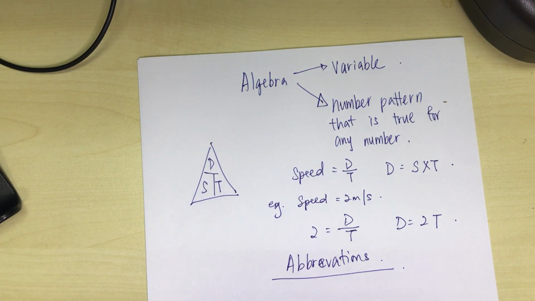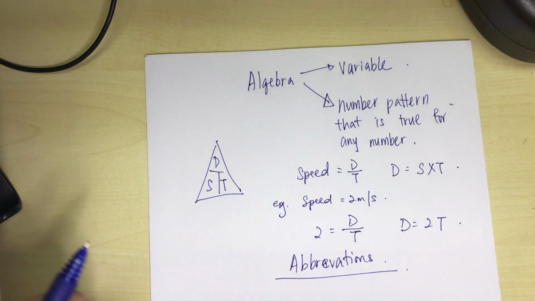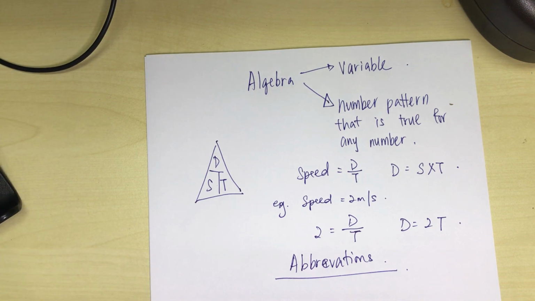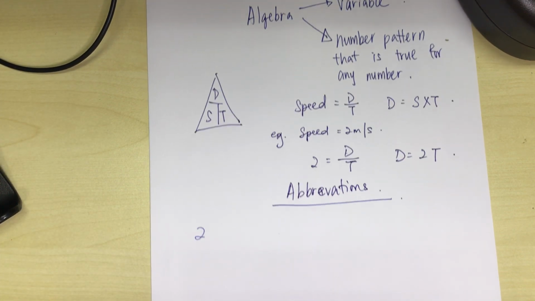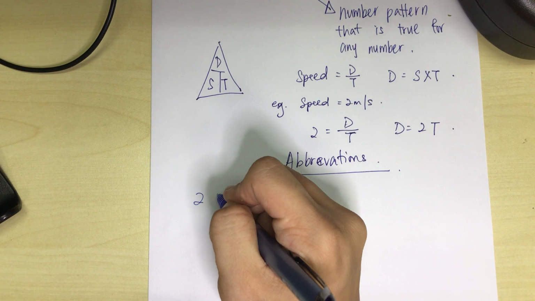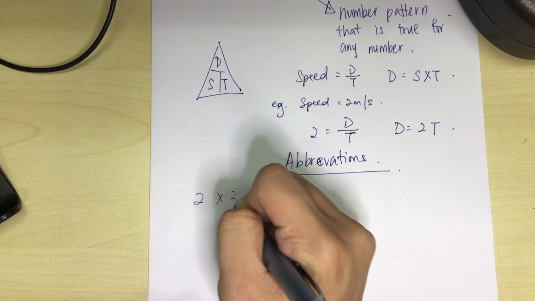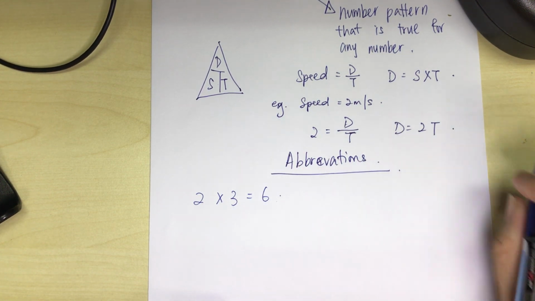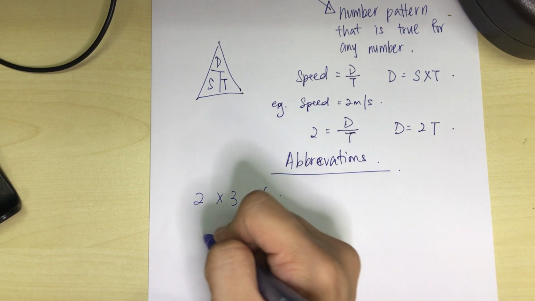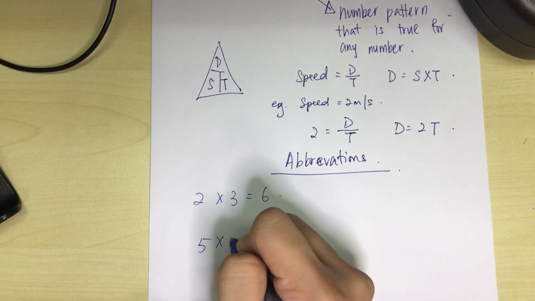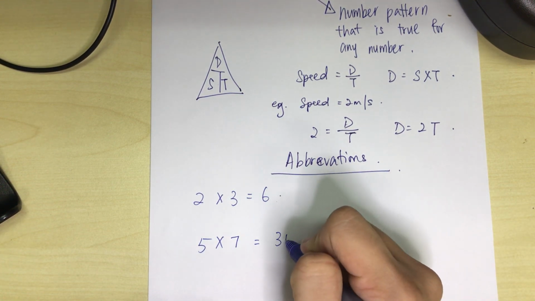Okay, back to the basics. We're looking at factorizing expressions, and this is if we have 2 times 3 equals 6. 5 times 7 equals 35.